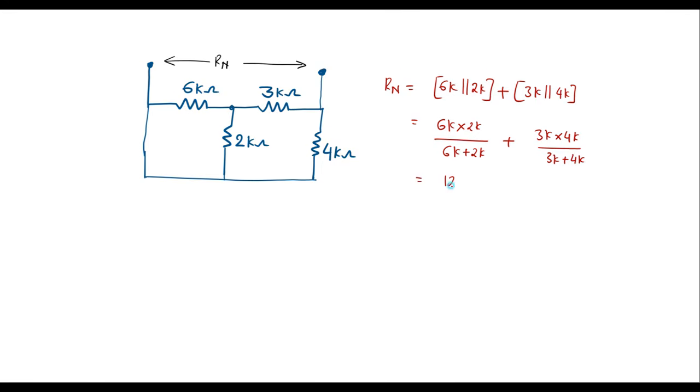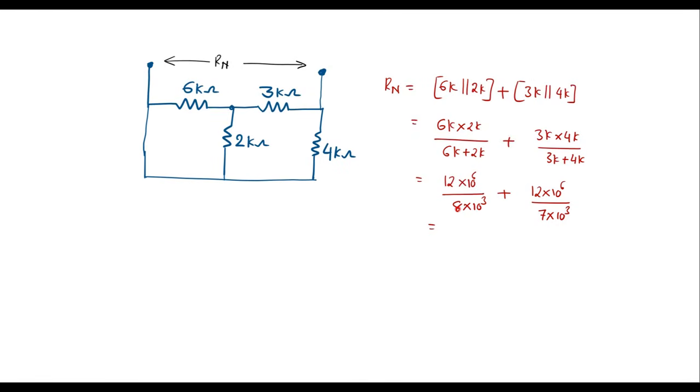This will be 12 into 10 power 6 over 8 into 10 power 3, plus 12 into 10 power 6 over 7 into 10 power 3.